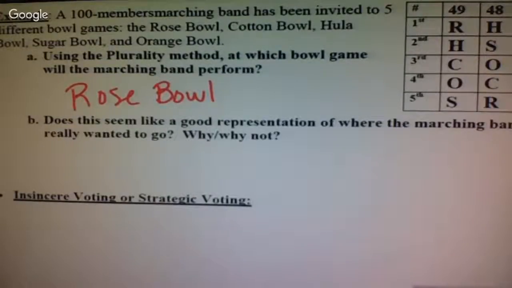Does this seem like a good representation of where the marching band really wanted to go? No. Why? Because it has less. It's really less. R is 48. Look where R falls in this second column and this third column. Dead last.